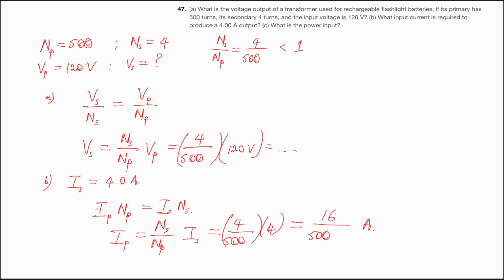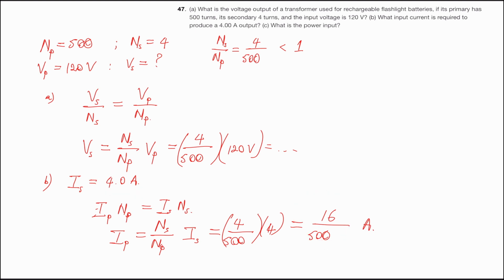But the point is, this transformer steps down the voltage, and the output of its current is larger than its input. So while it reduces, hence transforms, the amplitude of the voltage from a large number to a small number, with the current, it increases it from a small number to a large number.